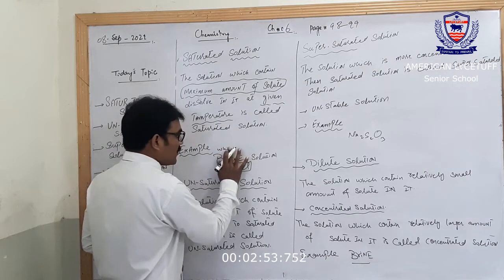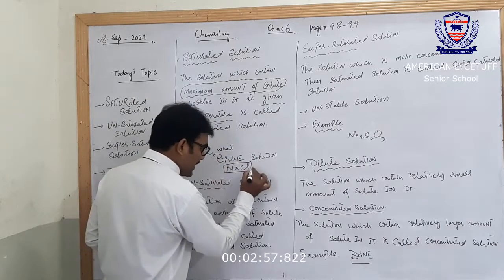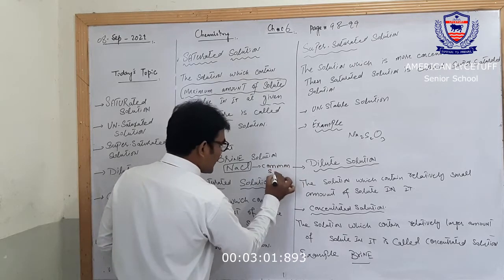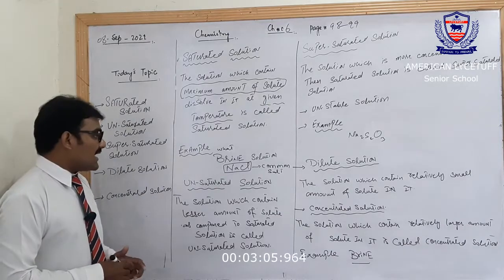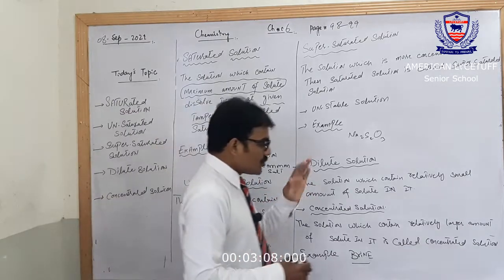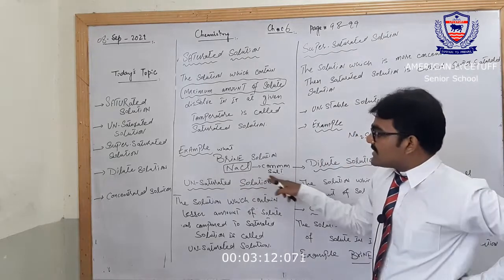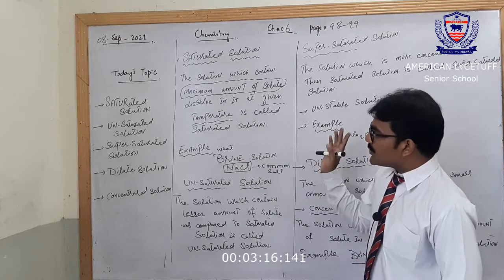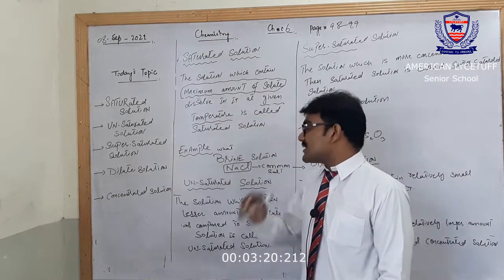Brine is a concentrated solution of NaCl, common salt, which is used in our kitchen for flavoring. If we form a concentrated solution of NaCl, in chemistry we use the word brine solution. So brine solution is an example of saturated solution.